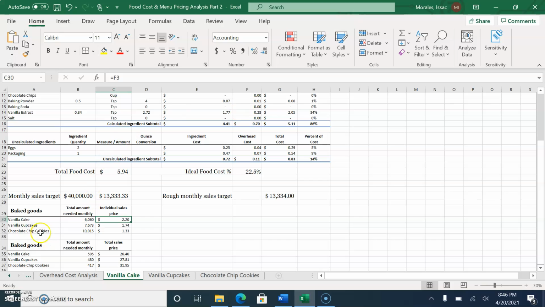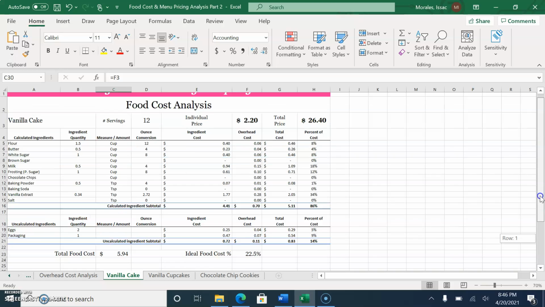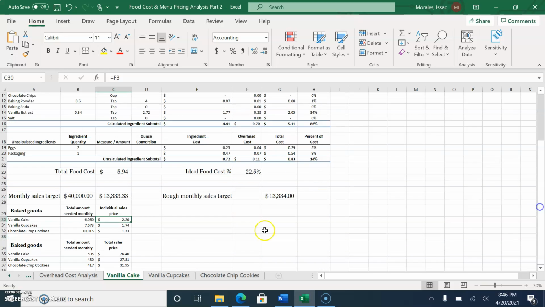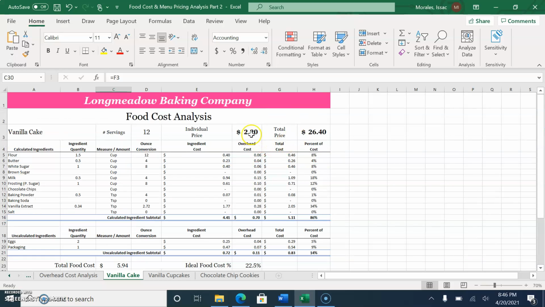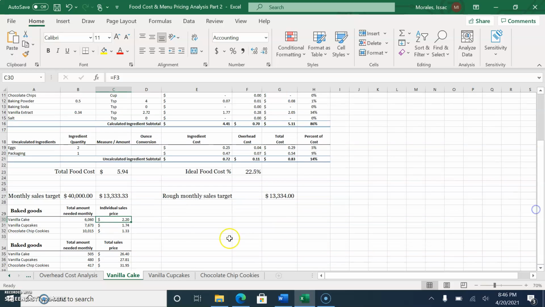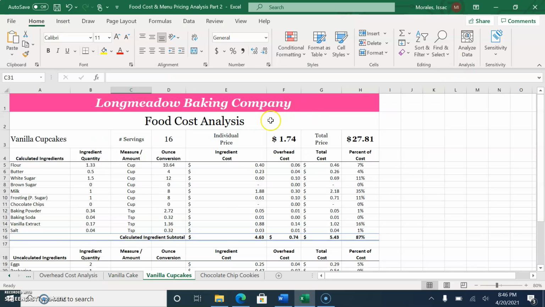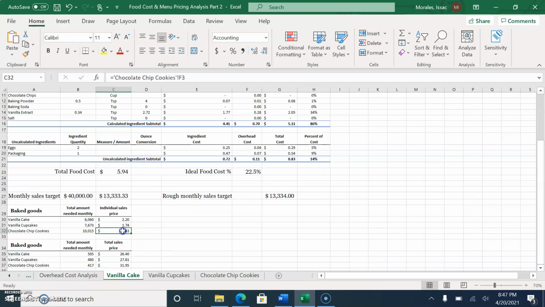The way that I did this was I used a relative cell reference. I put equals and F3, and that gives me this. And for this one, I put equals, and it brought me to my vanilla cupcakes, and the same with my chocolate chip cookies down at the bottom here. All those were cell references that I used.